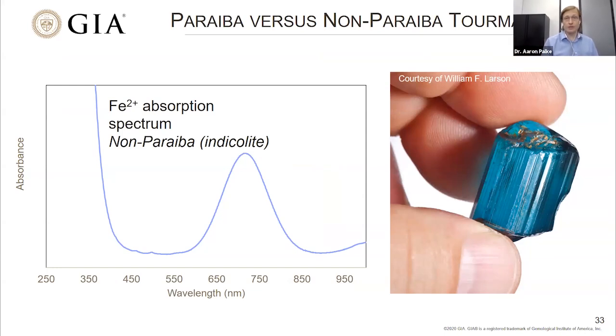So we use this technique, UV visible spectroscopy, every day in the lab to identify these copper bearing tourmalines so that we can more confidently identify these stones when we're issuing reports on them in the trade.